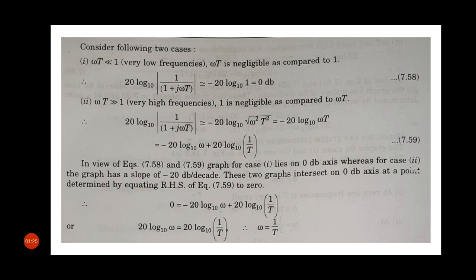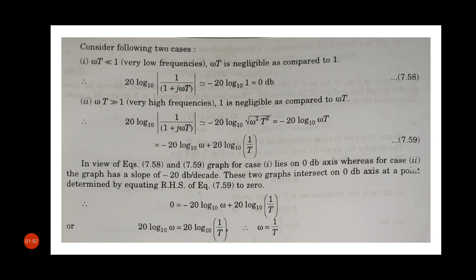And if we consider the second case, omega t is very greater than 1, that means at very high frequency. So in that case 1 is negligible as compared to omega t. That means the magnitude 20 log 10 mod of 1 by 1 plus j omega t is equal to minus 20 log 10 root under omega square t square.